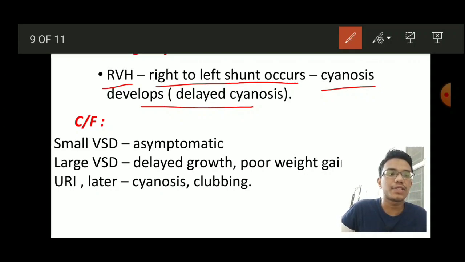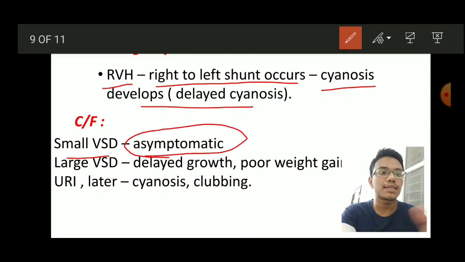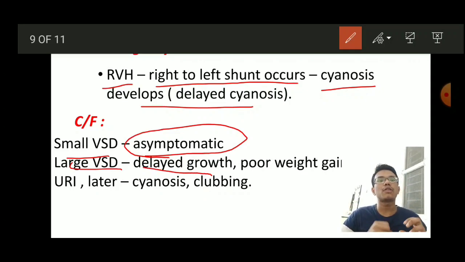And what are the clinical features? It's easy only. In case of small VSD there will be no significant shunting of the blood, so the patient or the child will be asymptomatic. Whereas in case of large VSD there will be delayed growth, because more blood will flow from the left ventricle into the right ventricle and very little blood will pass through the aorta to the circulation.